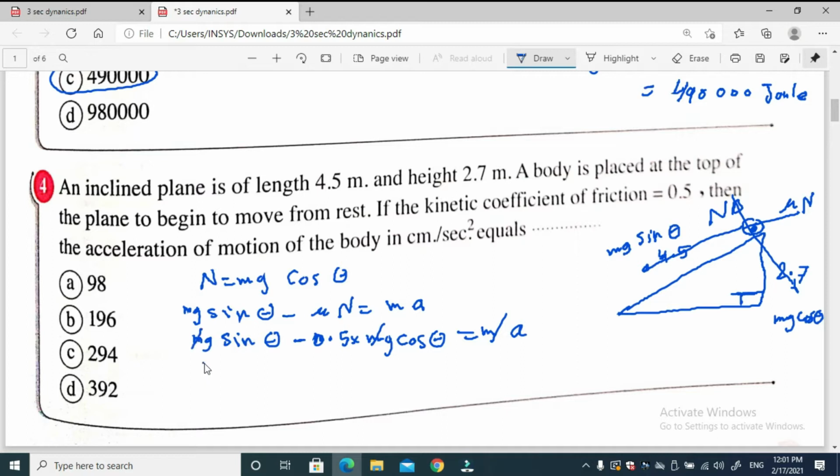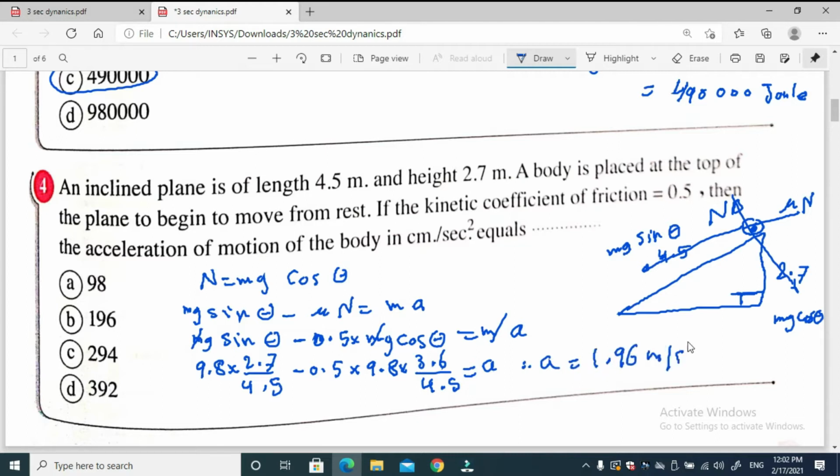G 9.8 times sin theta 2.7 over 4.5 minus 0.5 times G 9.8 times cosine theta 3.6 over 4.5 equals A. Therefore A equals 1.96 meter per second square. So it is equal 196 centimeter per second square. The answer is B.